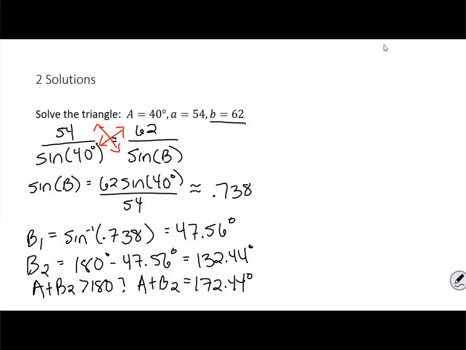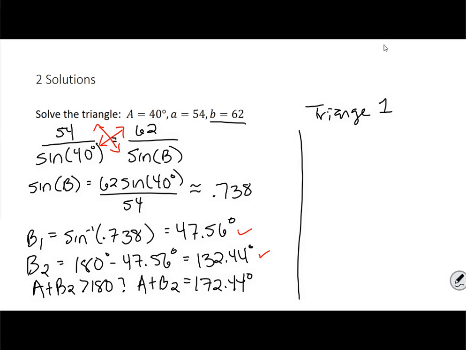So no, it's not quite 180 degrees. So both of these angles for angle B are good to go. On this page, we are going to continue with triangle 1, and then I have a blank slide on the next page, and we'll solve for triangle 2.